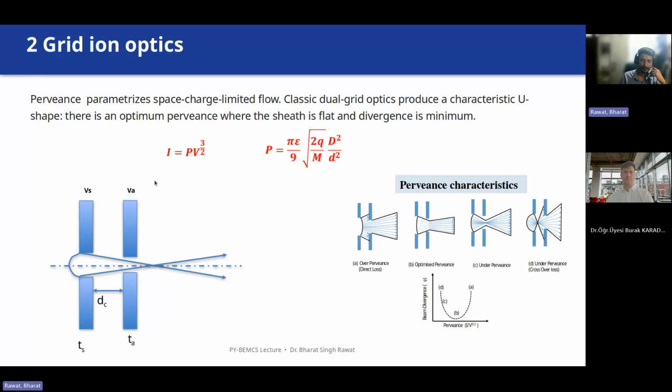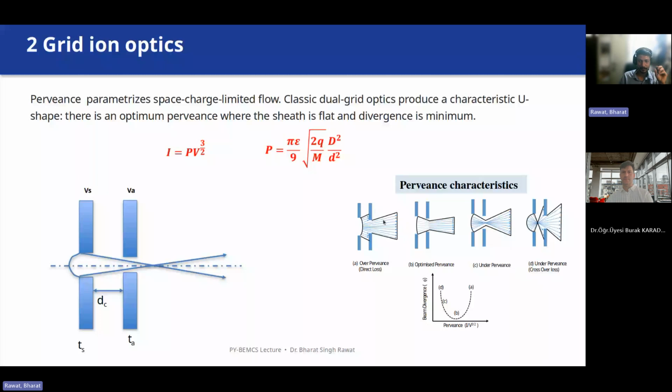And the way the perviance characteristic works is when you have very large plasma density for a fixed extraction voltage, your plasma meniscus will bulge. And what would happen is it would intercept your acceleration grid, which would cause more erosion, and this would lead to reduction in lifetime of your ion optics.